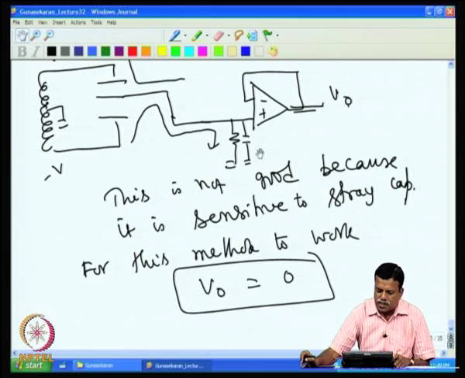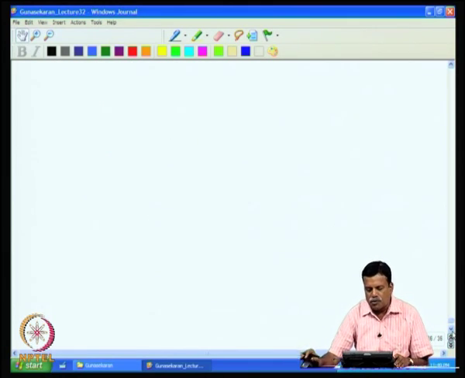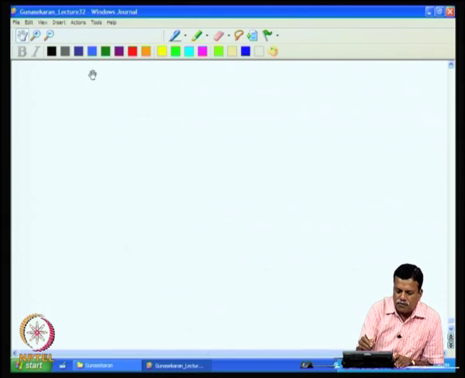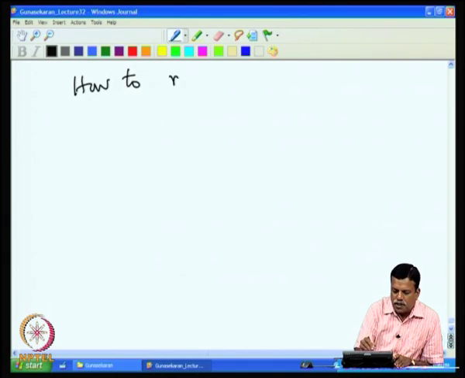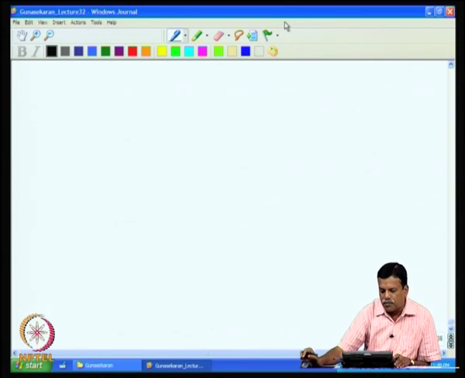Then we have to modify the circuit to make V naught 0. So, how to modify the circuit? How to make V naught equal to 0? That is the question. That we can do by using the feedback technique.